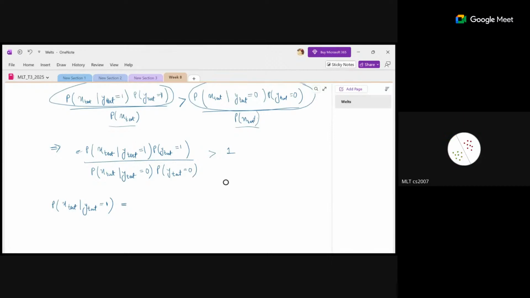So it is the product over i equals 1 to d, assuming there are d features, of the probability of any feature, and since Y test takes the value 1, in the superscript I will write 1. And since it is an estimate, we can use the hat. Okay, and this to the power of x_i.